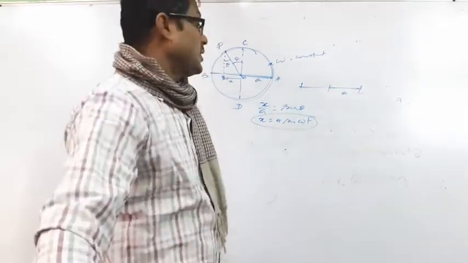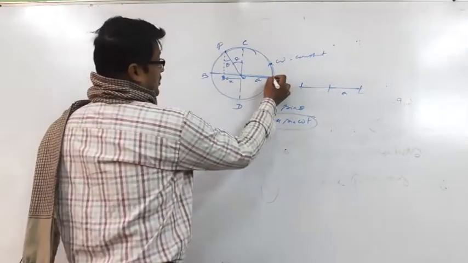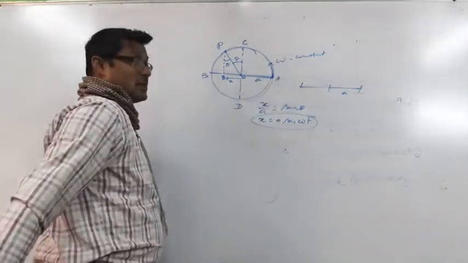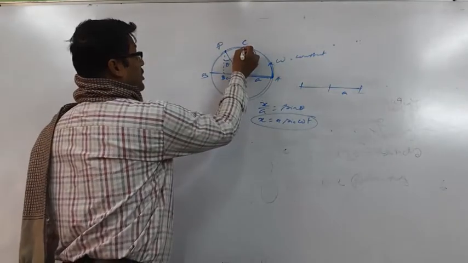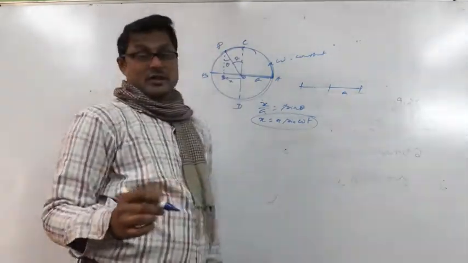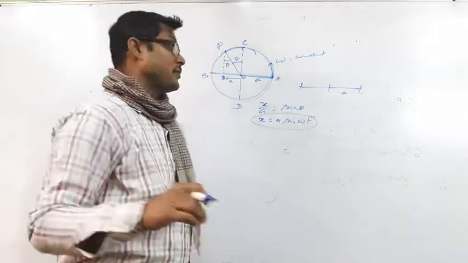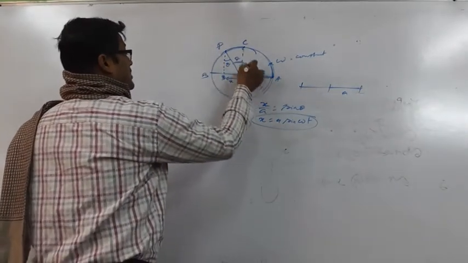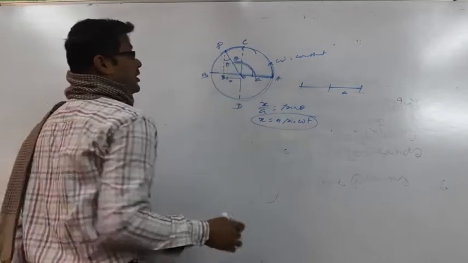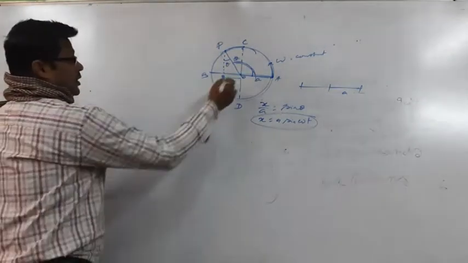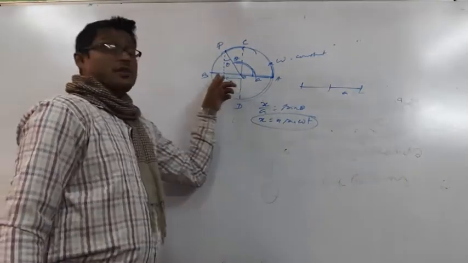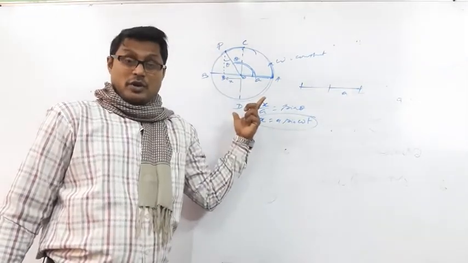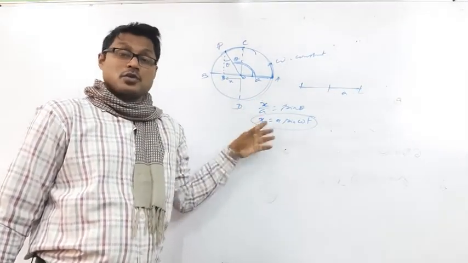Now another form. I said earlier that the motion started from here, but I have taken time from the equilibrium to this position. But if time is considered from this end, then this will be theta, and the displacement of the SHM particle is OQ only.